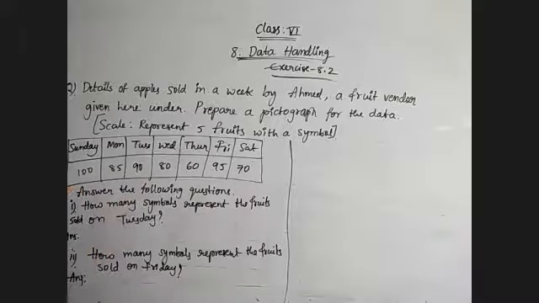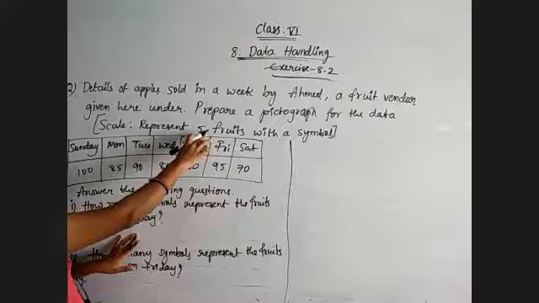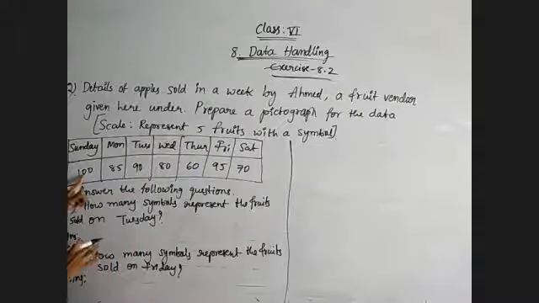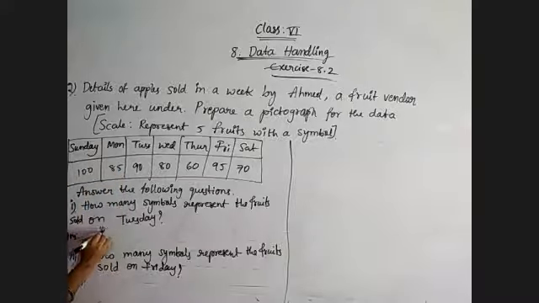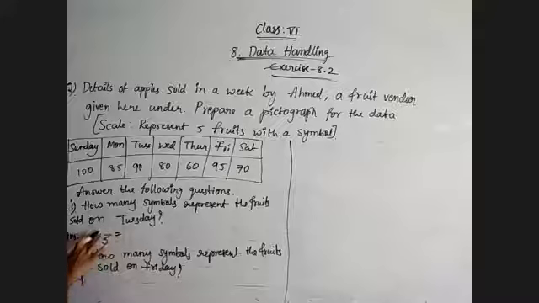And now first question, how many symbols represent the fruits sold on Tuesday? We have scale 5, one symbol equal to 5 fruits. To get the symbols, just now I told you, divide the number with the scale. Tuesday, 90 fruits are sold.